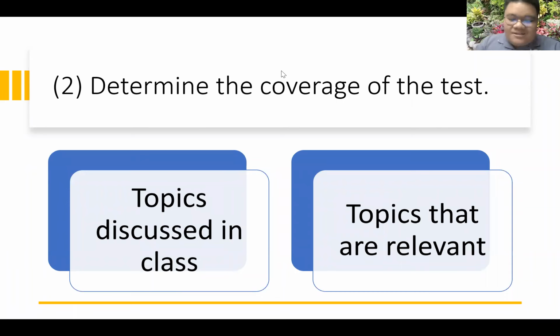Then, the next thing is to determine the coverage of the test. Tulad ng sa inyo, nagtatanong, sir, ano yung coverage ng midterm? Anong coverage ng prelim? So class, in the same way, when you are dealing with your pupils, they need to be oriented of the coverage of the test. Kadalasan anong sinasabi ng ibang teacher, sasabihin you go back to your course syllabus, you go back to your course outline because it's already indicated there.